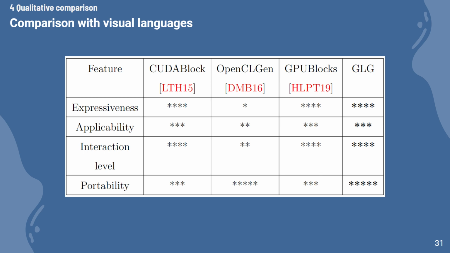The second evaluation is shown in this table, where a comparison is made between GLG and visual languages reviewed in the literature. It can be observed that GLG has a good expressiveness by providing a visual environment for the development of programs, which includes a considerable number of icons that represent operations clearly and consensually, unlike CUDA block and GPU block, which have a large number of icons that increase the learning curve of the visual language.